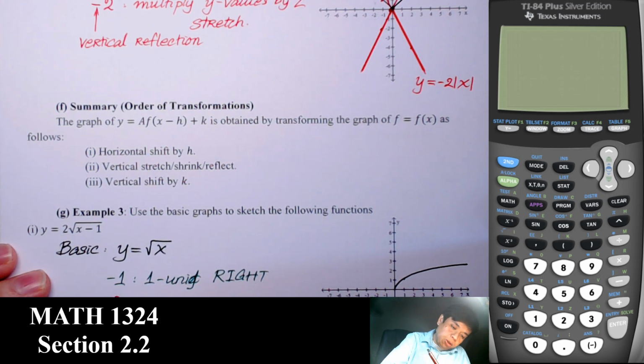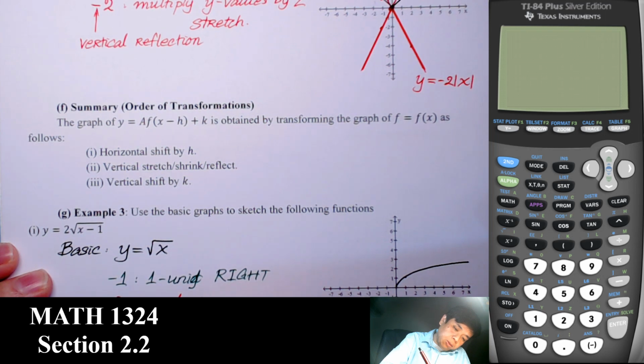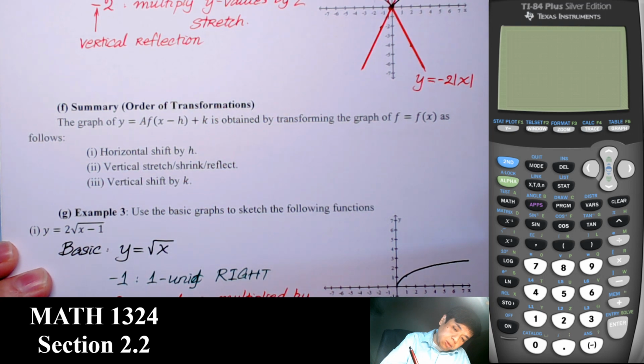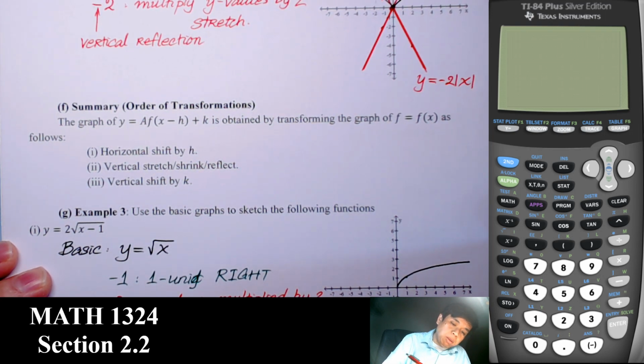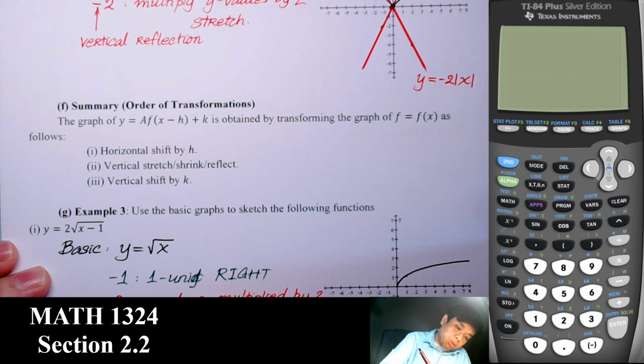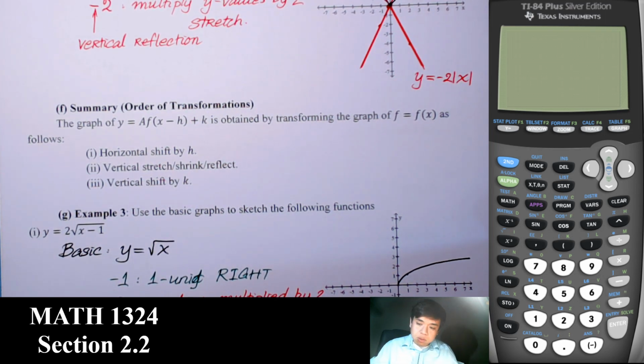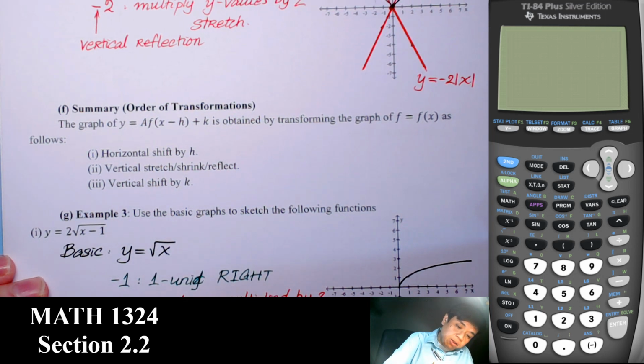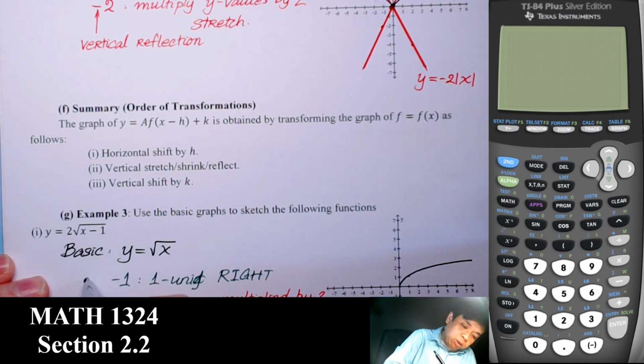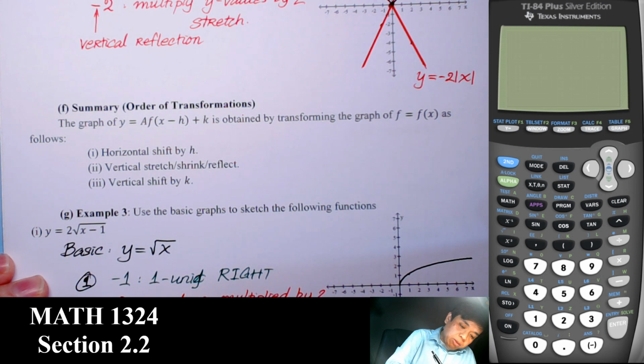And then 2. That y value is multiplied by 2. And multiply by 2, get a bigger number, so that will be a stretch. And order of operation, that's the first one. Now we move, and now that we stretch.